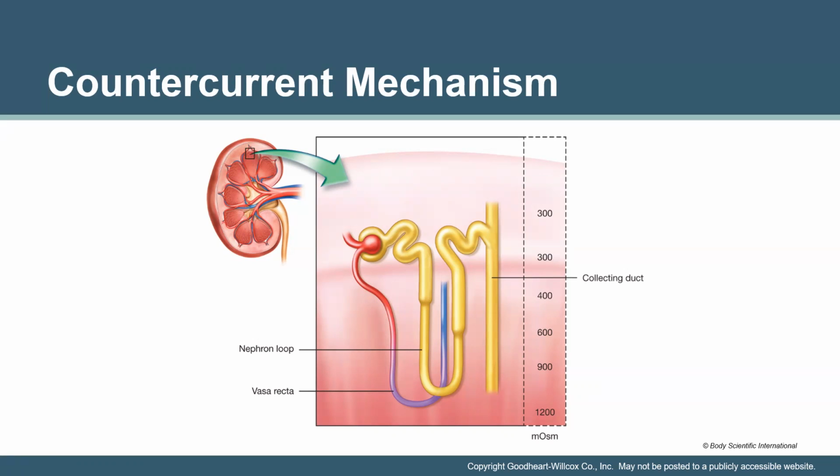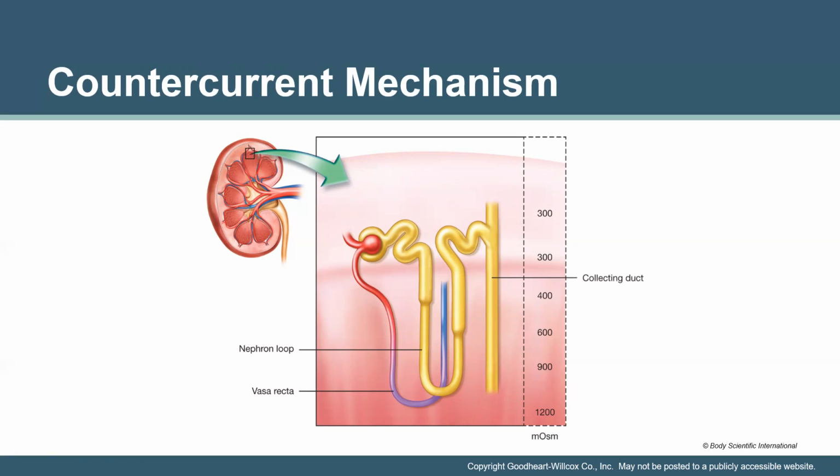So capillary blood will grow highly concentrated as it travels down the vasa recta around the loop into the renal medulla because the osmosis will draw the water out of the capillaries. As the blood ascends in the vasa recta, osmosis causes water to re-enter the capillaries. As a result, the blood leaving the vasa recta is no more and no less concentrated than it was when it entered, despite having passed through an area of very highly concentrated interstitial fluid.